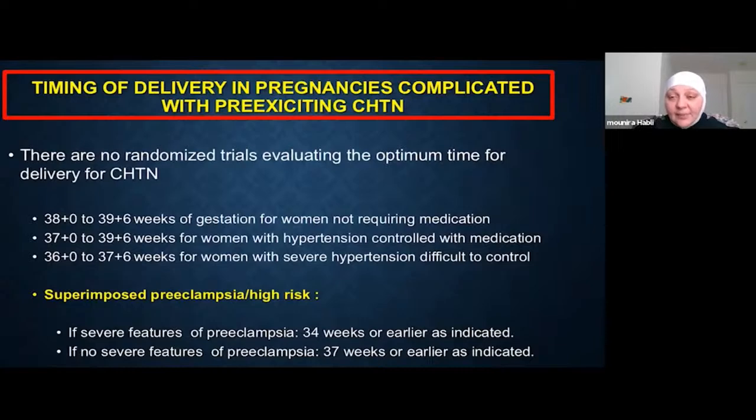If she has chronic hypertension with superimposed preeclampsia without severe features, there is an opportunity for expectant management till 37 weeks, but as indicated earlier, not if blood pressure cannot be controlled or there is severe range blood pressure during this expectant management.